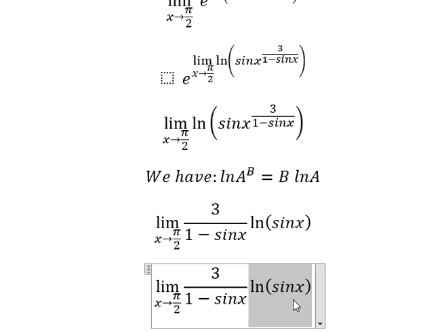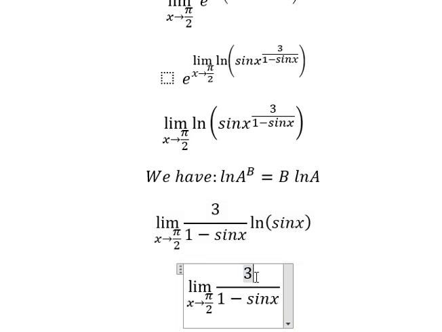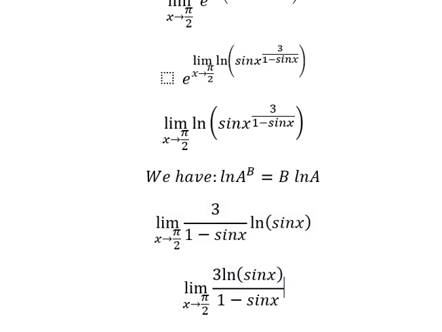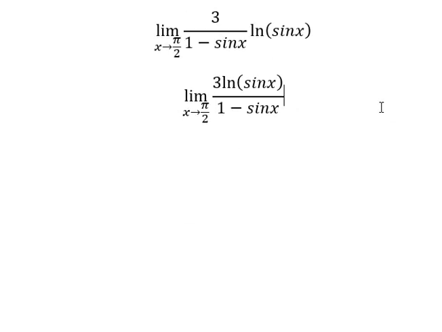So we know that when x approaches π over 2, we put π over 2 here, π over 2 here, ln of sine of π over 2, we have number 0. 1 minus 1, we have number 0. So that is about 0 over 0.